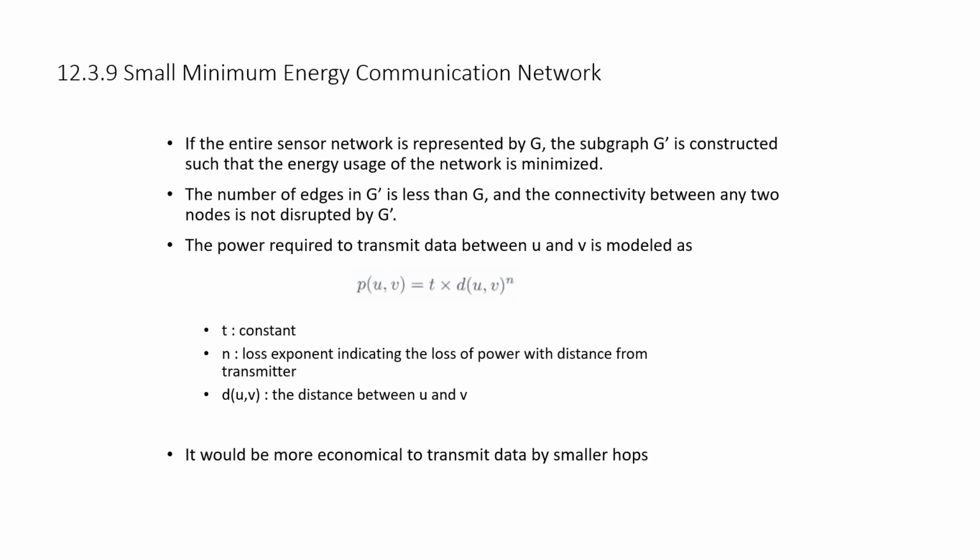The number of edges in G' is less than in G, and the connectivity between any two nodes is not disrupted by G'. The power required to transmit data between U and V is modeled as p(U,V) = t * d(U,V)^n, where t is a constant, n is the loss exponent indicating the loss of power with distance from the transmitter, and d(U,V) is the distance between U and V. It would be more economical to transmit data by smaller hops.